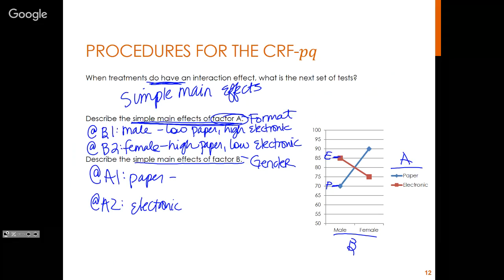High female, low male. And what would you say about electronic? High male, low female. Does that matter if you do the factor A1 first or the high or low first? Not really.